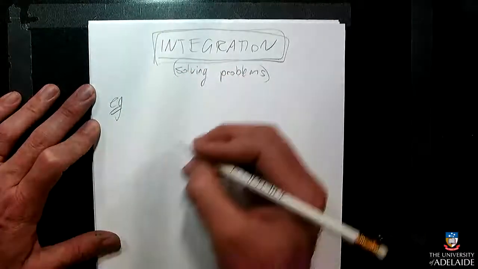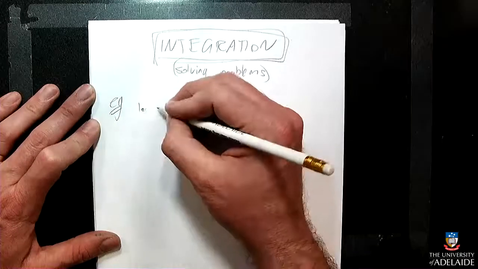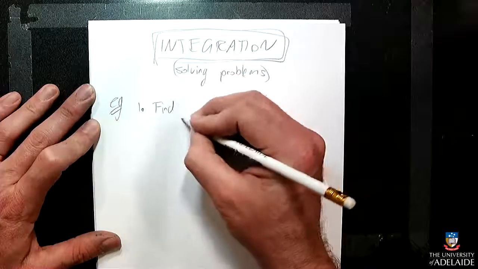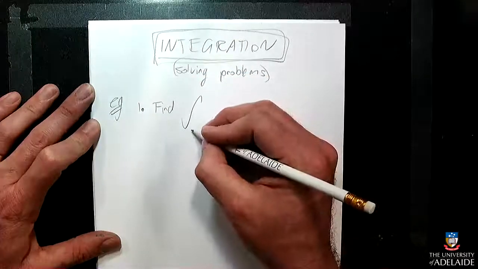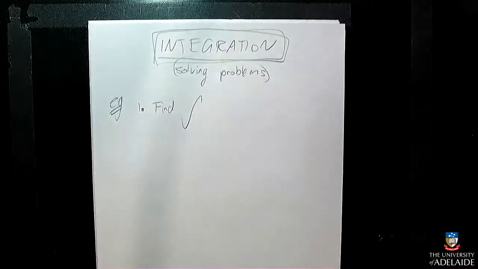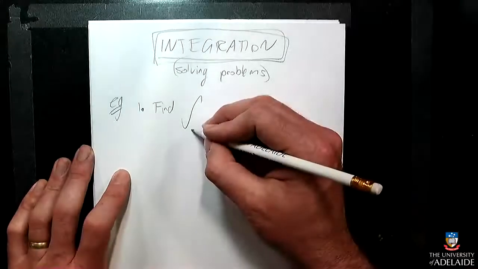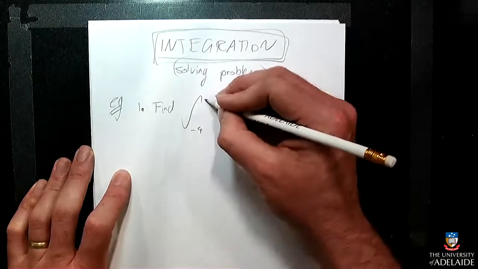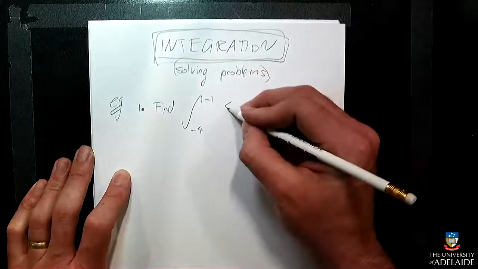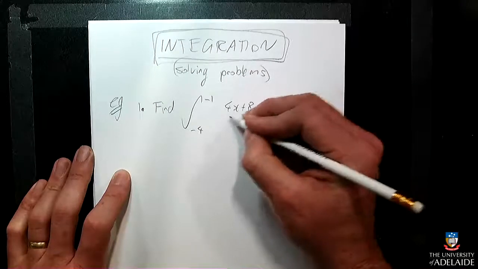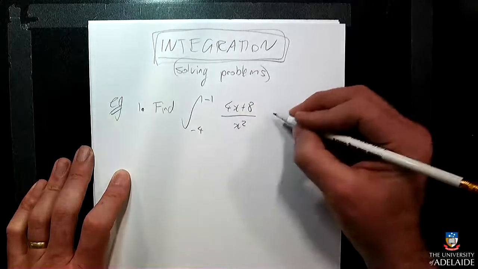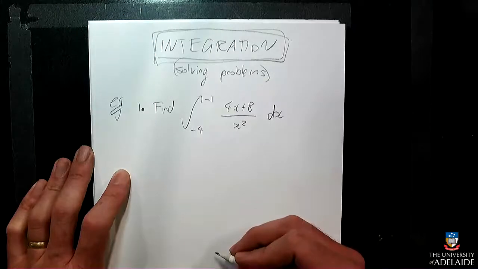So this example, part one, is going to be: find the integral from -4 to -1 of 4x plus 8 over x squared dx.